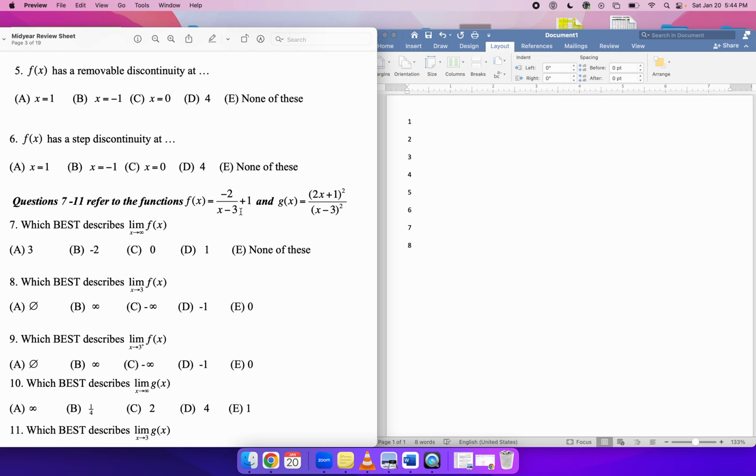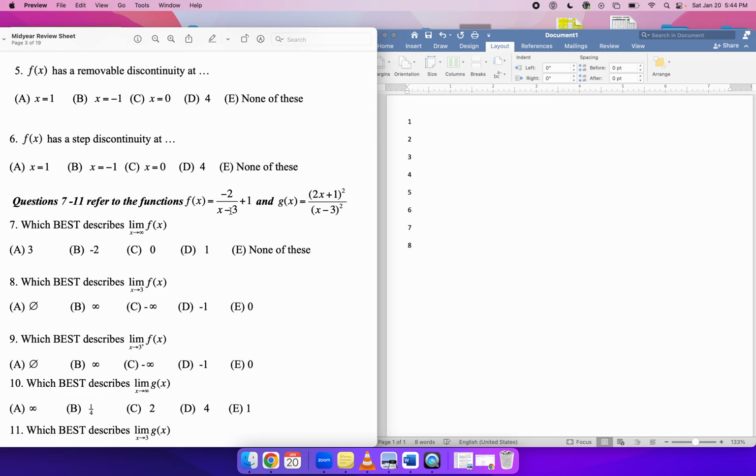If I plug in a number a little bit less than 3, like 2.9, I think in that case, the numerator and denominator of this fraction will be negative. And so overall, this fraction will be approaching positive infinity as x approaches 3 from the left. You might wonder, what role is the plus 1 playing here?